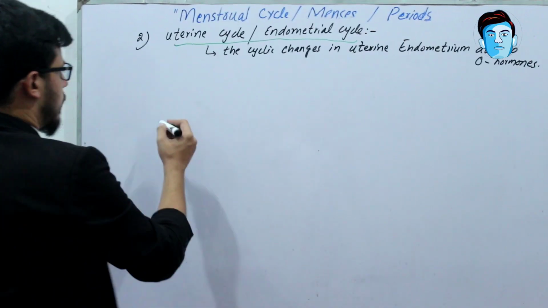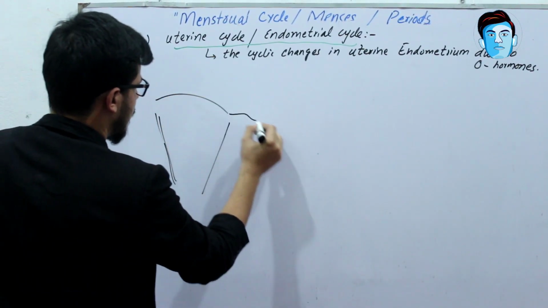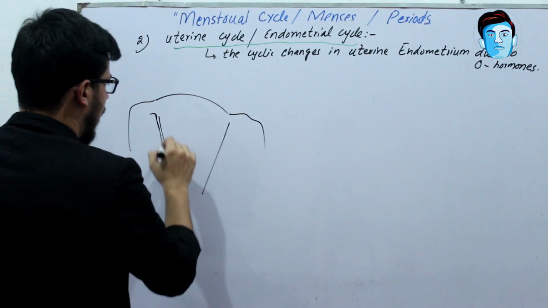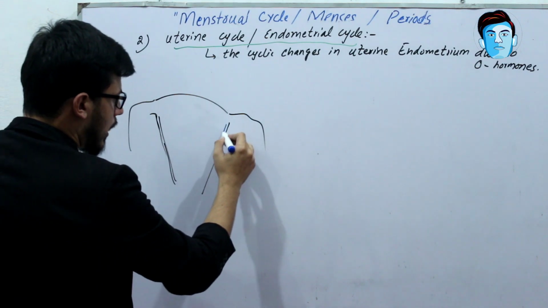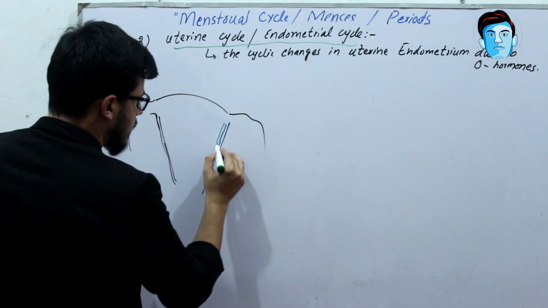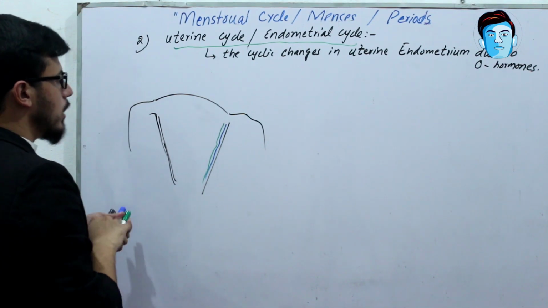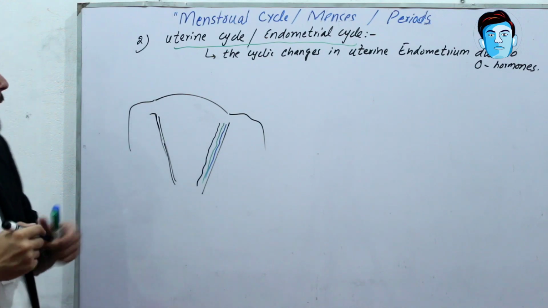Now, let's suppose this is a uterus. Uterus consists of three layers. The outer layer is perimetrium. The inner layer is called myometrium, while the innermost layer is called endometrium.